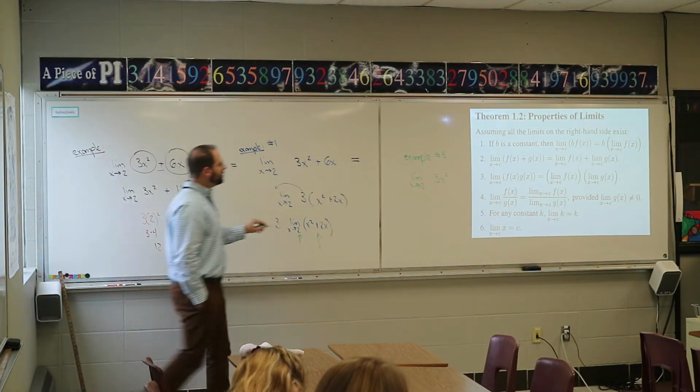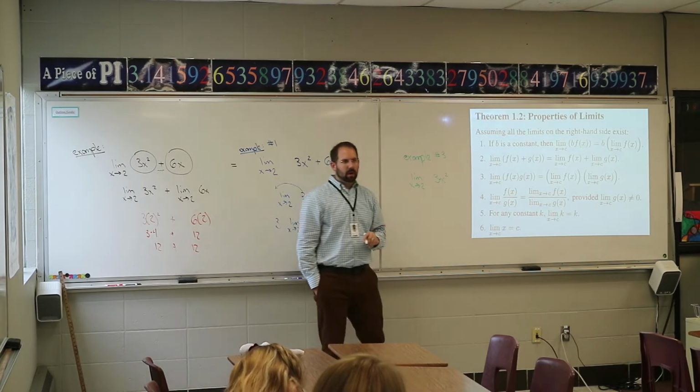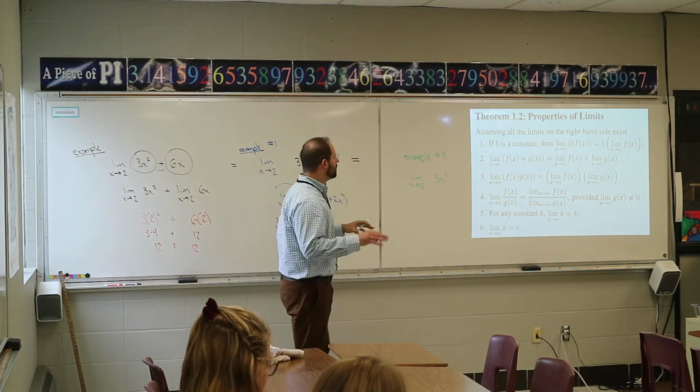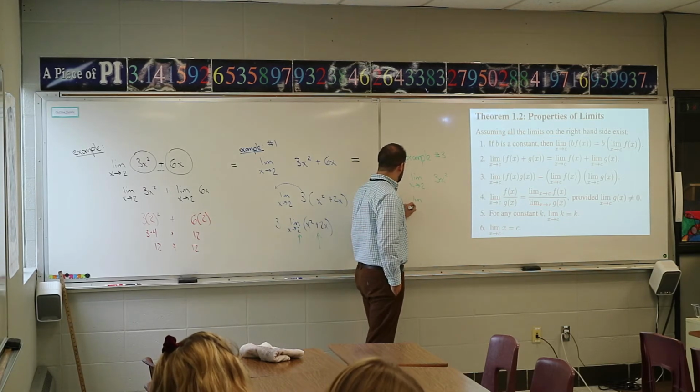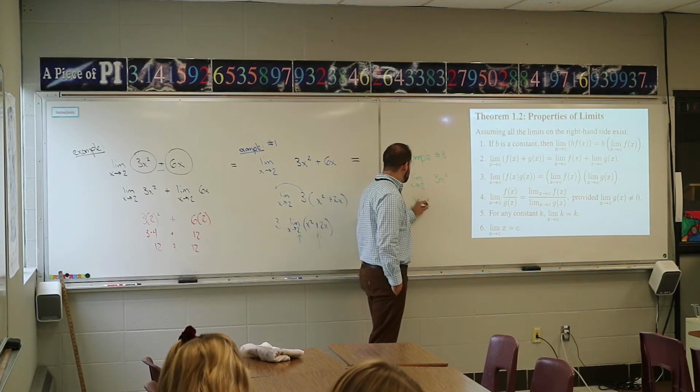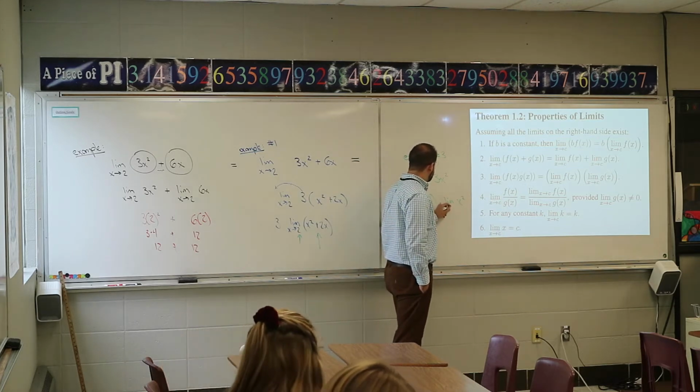Do you agree that these two items, 3 and then x squared, are being multiplied together? Yeah. You can separate them into their own limits, like limit as x approaches 2 of the number 3, and multiply that onto the limit of x squared as x approaches 2.